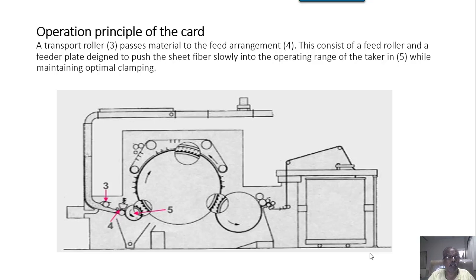Operation principle of the card. We had already discussed in the case of the conventional card this lap fed system.